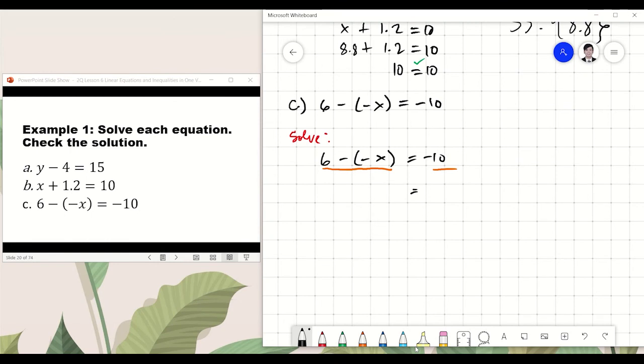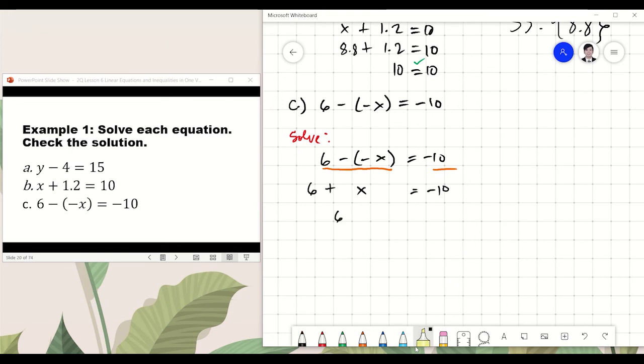Kapag minus ito, kailangan natin siyang palitan ng plus. And then, yung subtrahend natin, we get its opposite. So, from negative x to positive x. Then, yung right side, wala naman tayong magagawa sa negative 10, so ikakopy lang natin siya. Kasi nakasimplify na siya. So, there you go. 6 plus x is equal to negative 10.